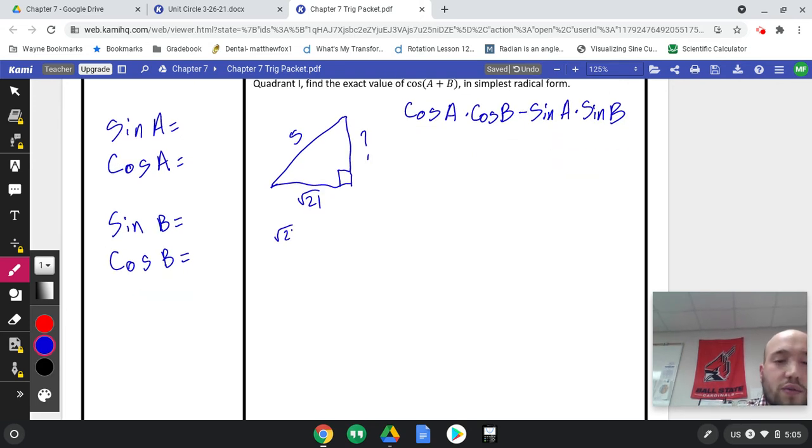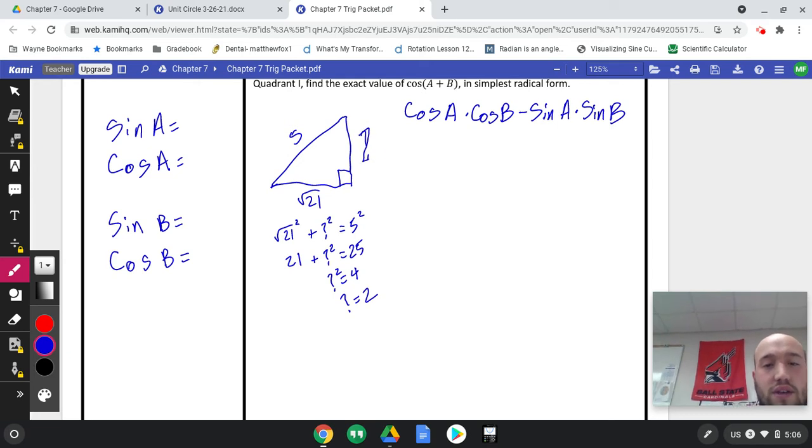So if we do square root of 21 and we square that, plus question mark squared equals that 5 squared. Okay, that's going to result in 21 plus question mark squared equals 25. So we'll get question mark squared equals 4. So our question mark equals 2.